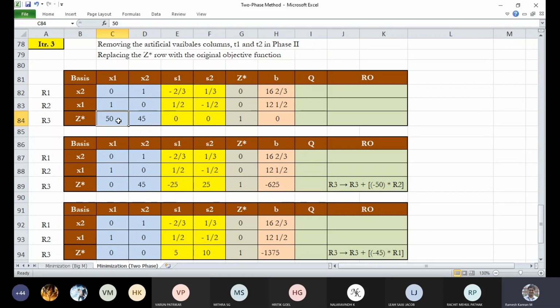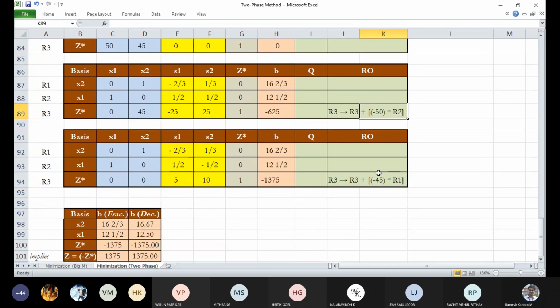First we'll perform this elementary row operation: row 3 equals row 3 plus minus 50 into row 2. So that's how it becomes 0 here. Whereas in this case, for 45, it is plus minus 45 into row 1, which is here.